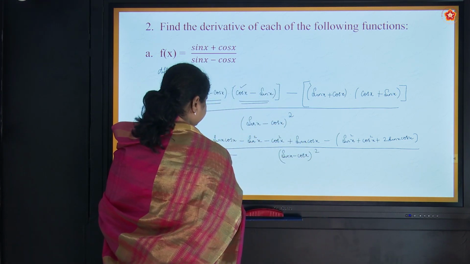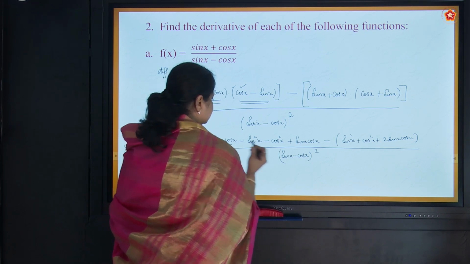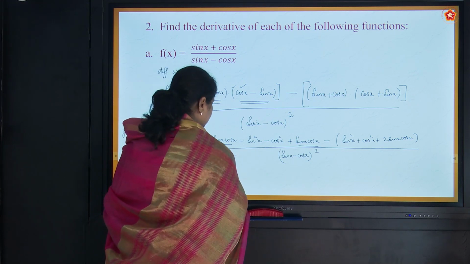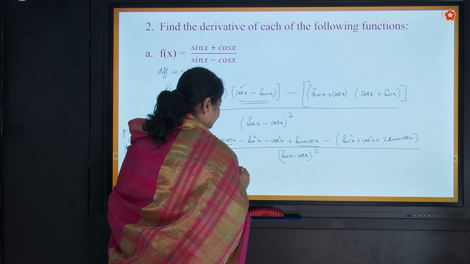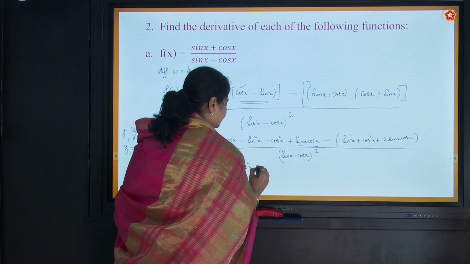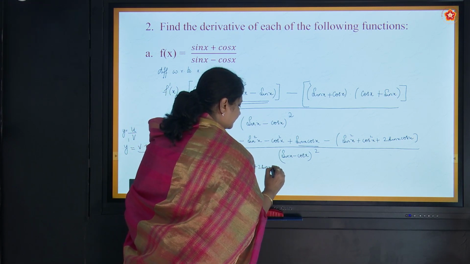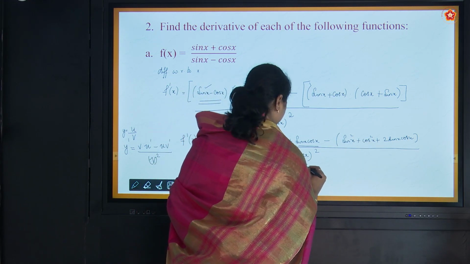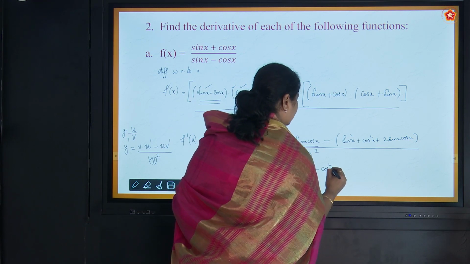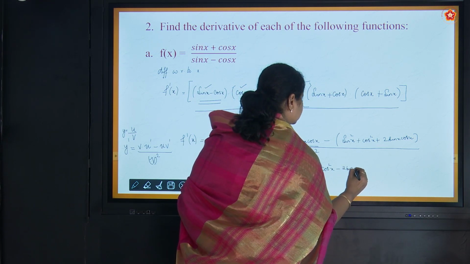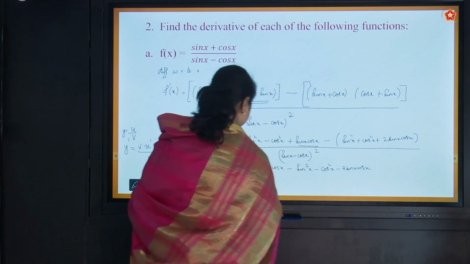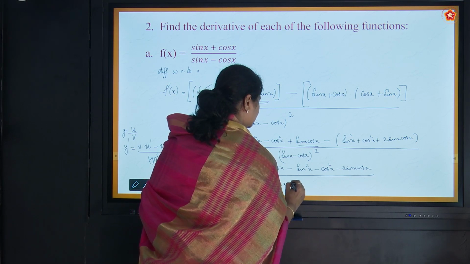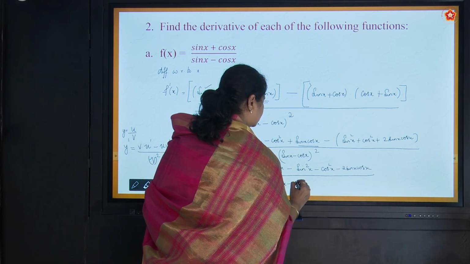So now let's simplify. You have sin x cos x plus sin x cos x, which is 2 sin x cos x. So you have minus sin square x minus cos square x plus 2 sin x cos x. I'm going to open this bracket up, so changing the signs: minus sin square x minus cos square x minus 2 sin x cos x, by sin x minus cos x the whole square.